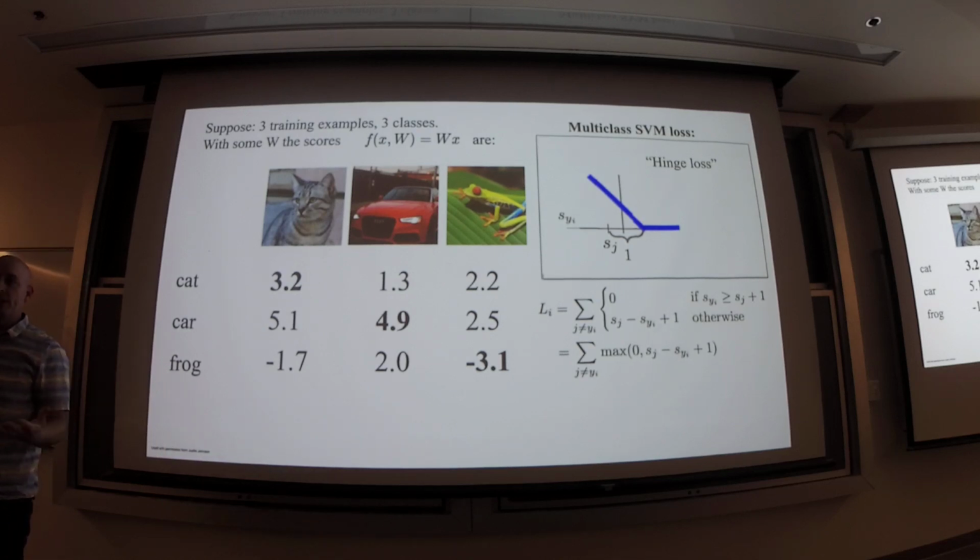But this way of measuring is saying we want the correct score to be larger than all the scores for the incorrect classes by a margin of 1. And you can pick that margin to be 10, or 100. We just want it to be larger, not 0 or negative, because that would make sense. But yeah, it's just a way of evaluating the score function.